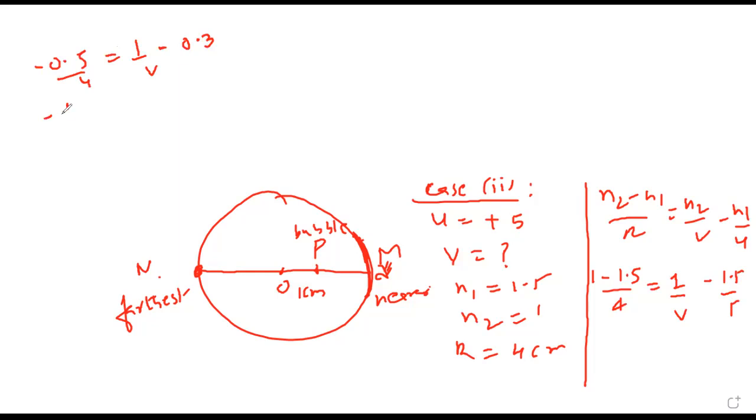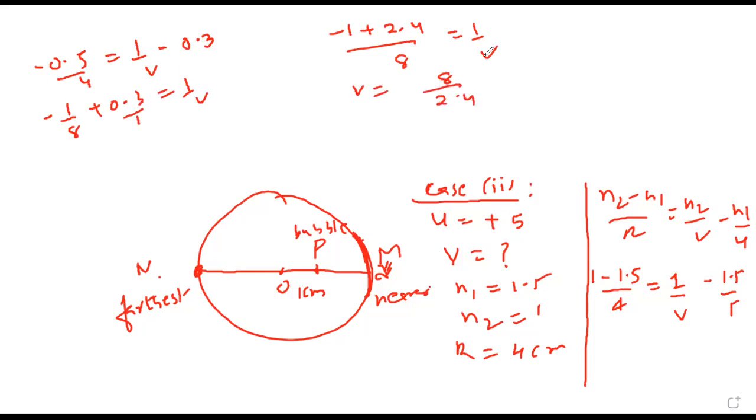So this will be minus 1 upon 8 plus 0.3 equals 1 upon V. So this becomes minus 1 plus 2.4 upon 8 is 1 by V. So V equals 8 upon 1.4.